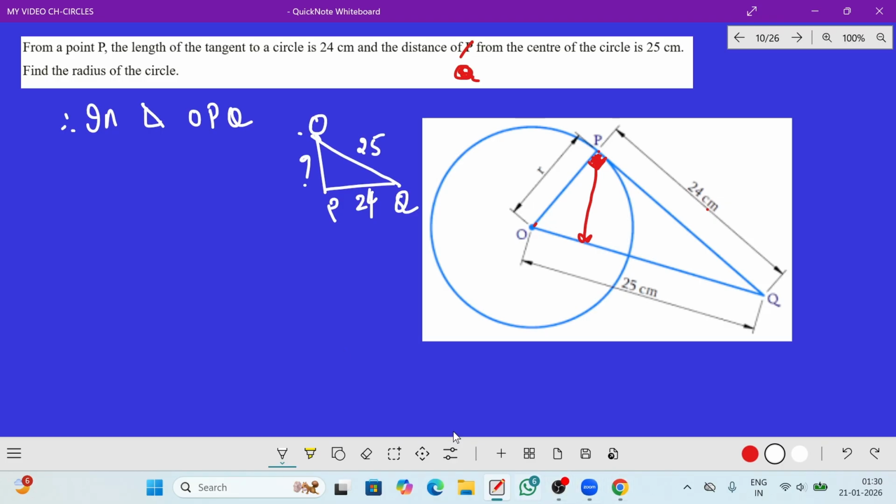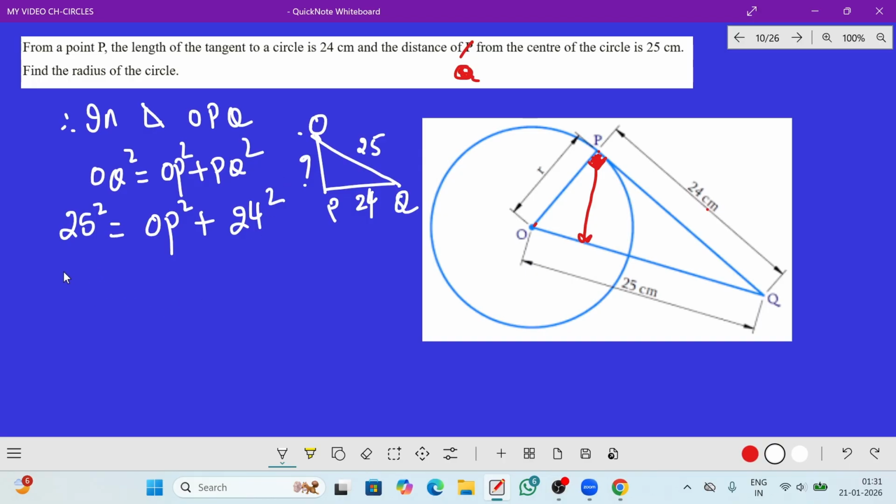Apply Pythagoras theorem. We get OQ square is equal to OP square plus PQ square. So 25 square is equal to OP square, which we don't know, plus PQ square. PQ is 24.